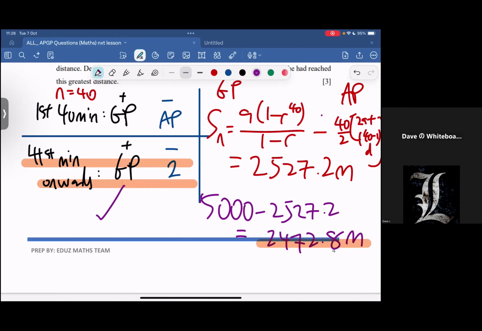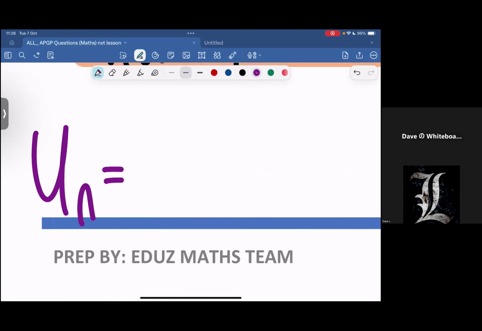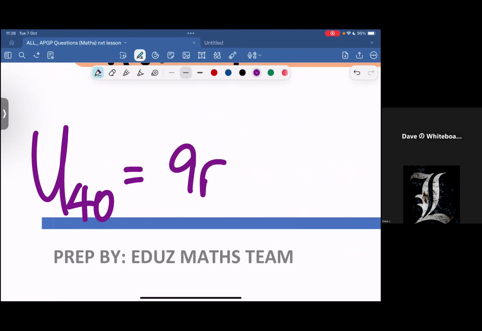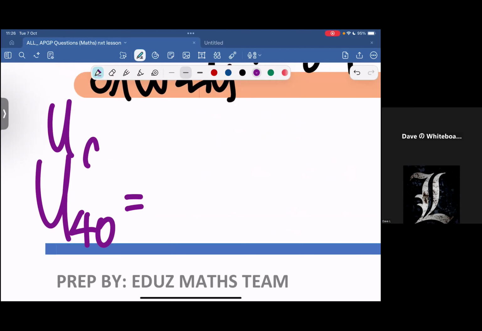This sum of the GP term must start from the formula A. And you know what the A is or not? The A is the first term of the 41st GP. That means the Un for the 40th term is A times R to the power of n minus 1. So let me just write out the GP formula first.